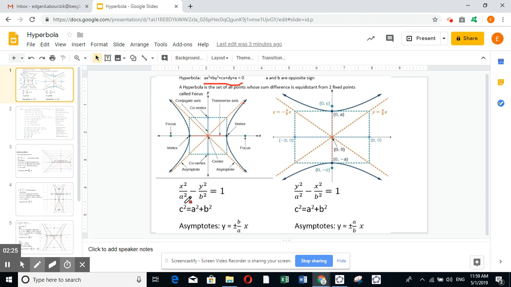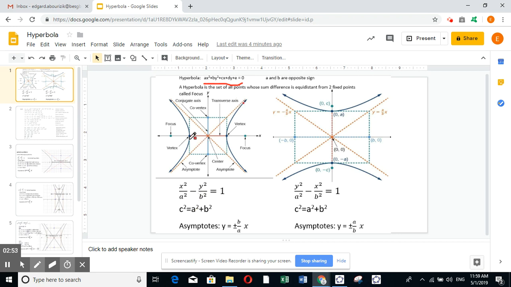If it starts with x squared minus y squared, it is horizontal. If it's y squared minus x squared, it will be vertical, regardless of whether the denominator under x squared or under y squared is bigger. So this is not an issue.